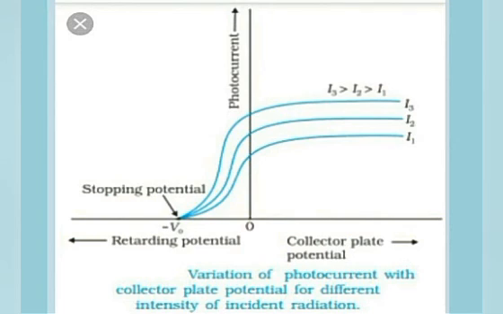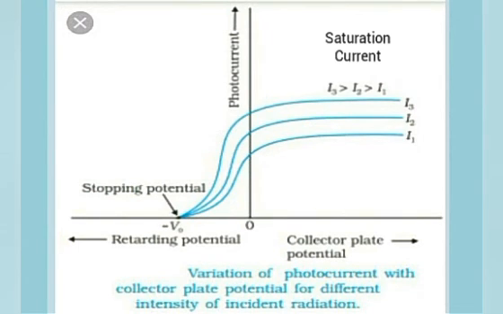We can observe here I3 is the saturation current for intensity I3, I2 is the saturation current for intensity I2, and I1 is the saturation current for I1. The intensity I3 is greater than I2, and I2 is greater than I1.